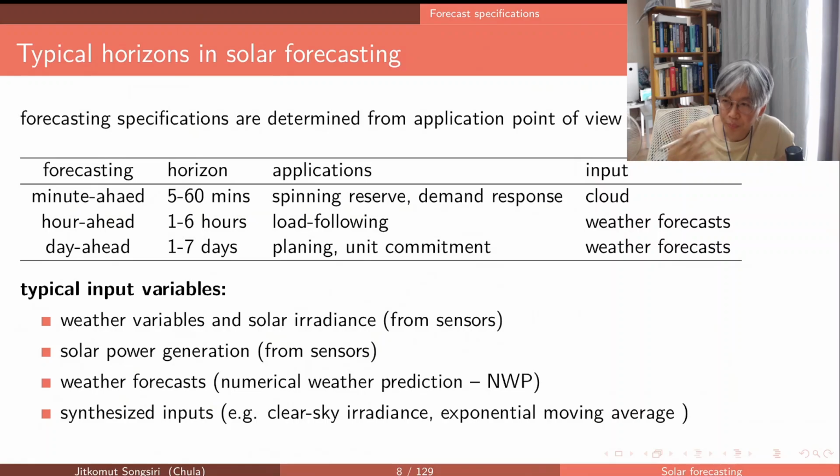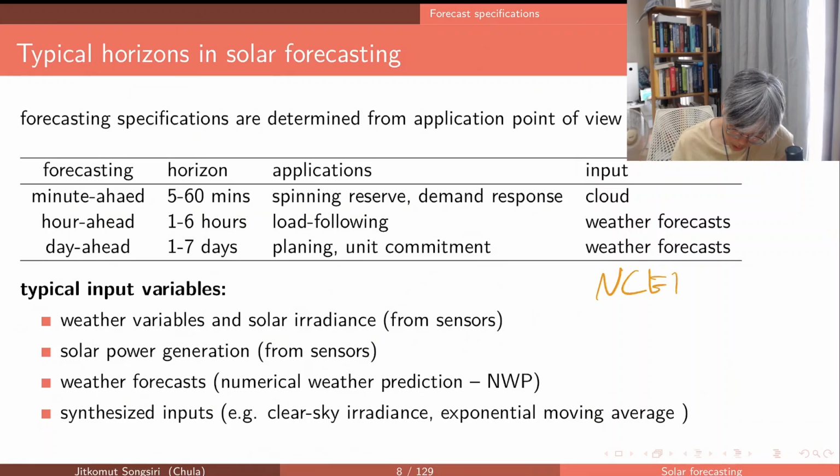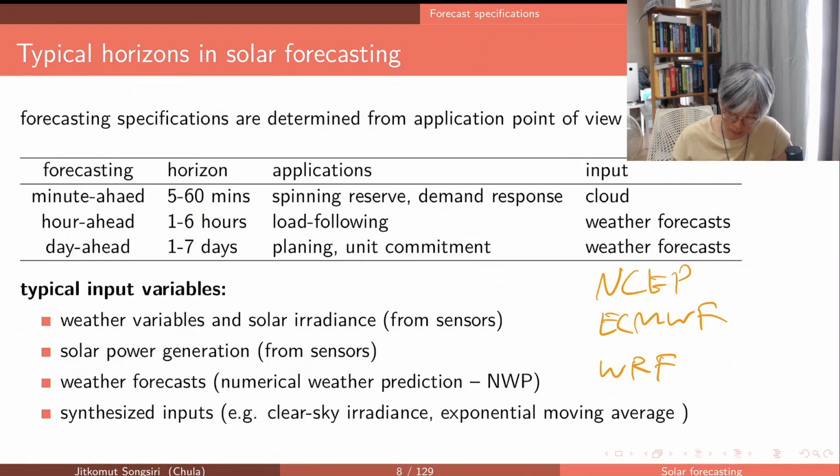These are physical models, and there are many institutes all over the world, from NASA, from NCEP, ECMWF. You also have open source ones, like WRF. Many organizations provide these weather forecasts. So the weather forecast value on your phone would be some value acquired by some model, one of these models.